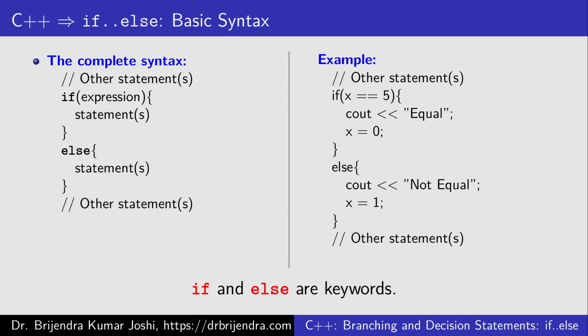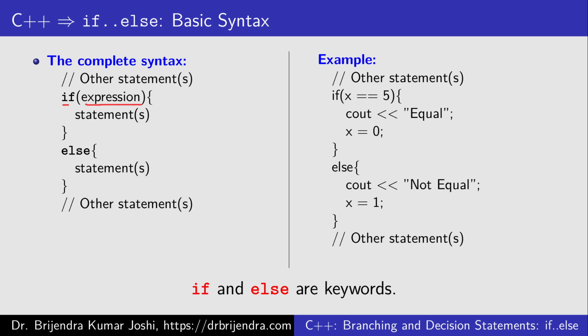This is the complete syntax. So other statements followed by other statements, and here is if, then expression. Here you can write anything which evaluates to a numerical value. It can be a true false kind of thing, or a logical statement, bitwise expressions, and numerical expressions.